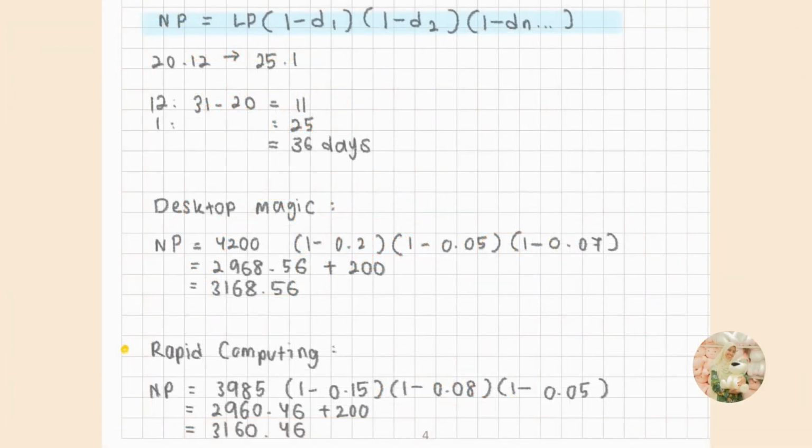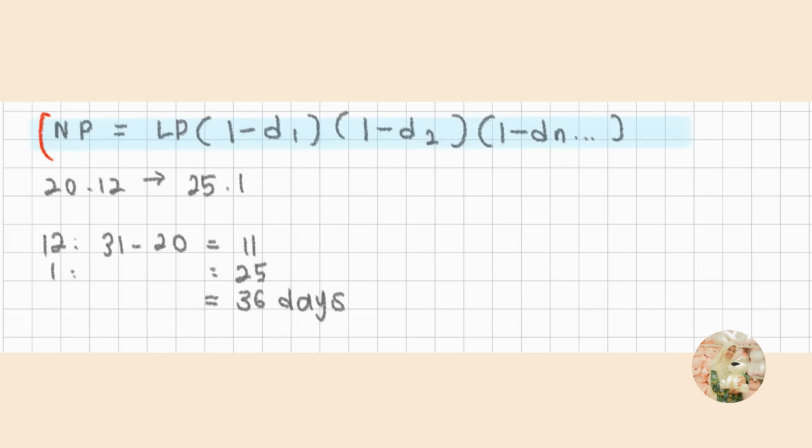Okay, to find out which manufacturer gives a better price, we should use the formula net price equals list price times (1 minus D1) times (1 minus D2) times (1 minus D3) and so on. After that, we need to find the gap between 20 December and 25 January to know the rate of cash discounts.